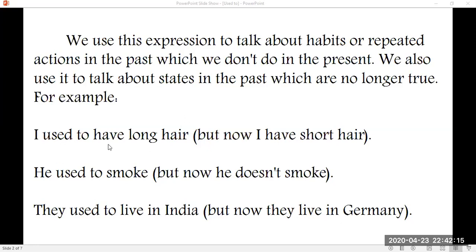So from these examples, you can see that what we said here, that we use it to talk about habits or repeated actions in the past, which we don't do in the present anymore. So let's go and talk about how to form negative, affirmative, and interrogative statements using used to.